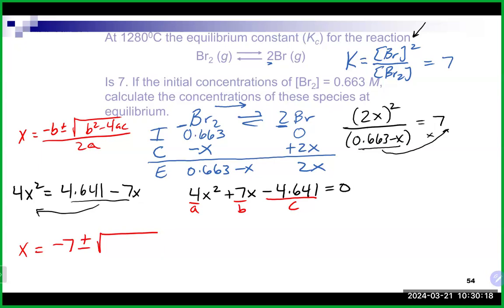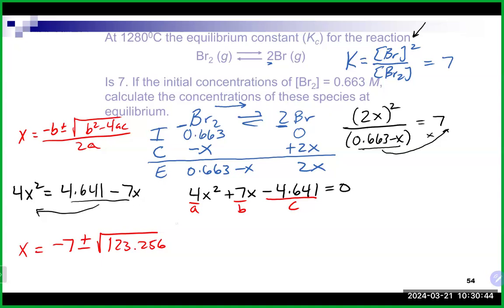If I put in all my values into the square root, that will give me 7 squared minus 4 times a, which is 4, times c, which is negative 4.641. That will give me inside the square root something like 123.256.